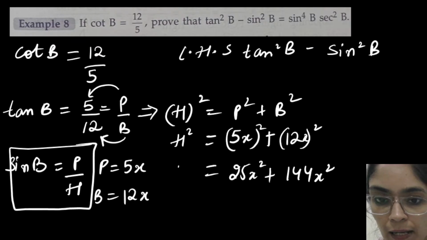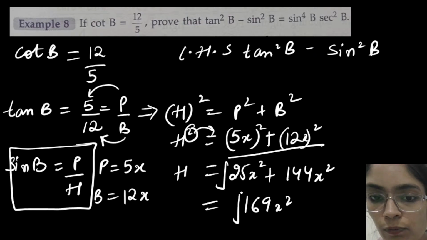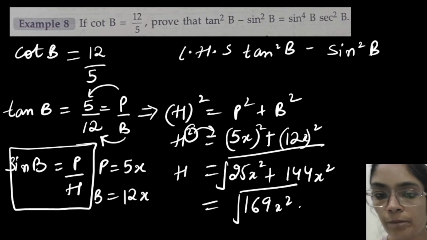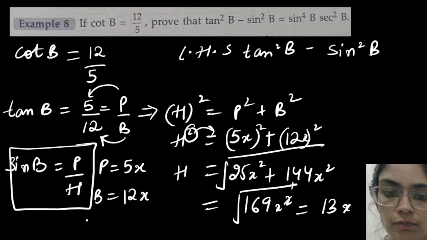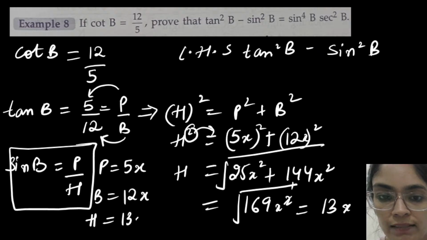Here I can write hypotenuse square, and if I shift the square to the other side it will become square root. So this is 169x square, square root of 169x square. The square root of 169 is 13, and square root of x square is x, as square and root get cancelled. So we found the value of hypotenuse as 13x.